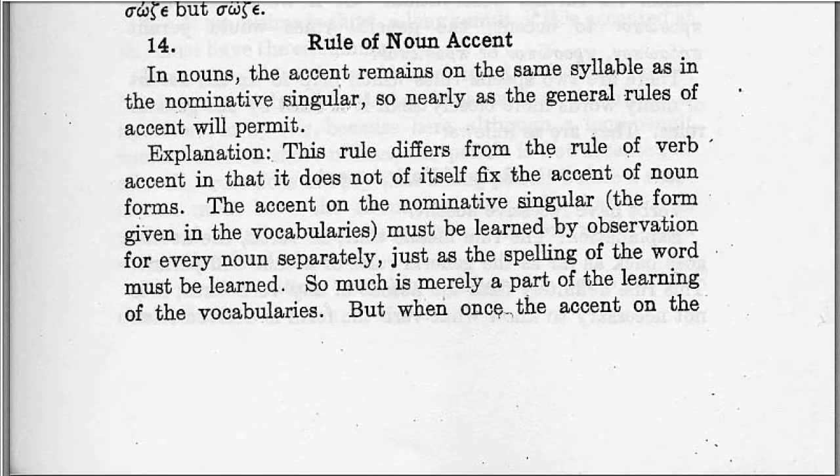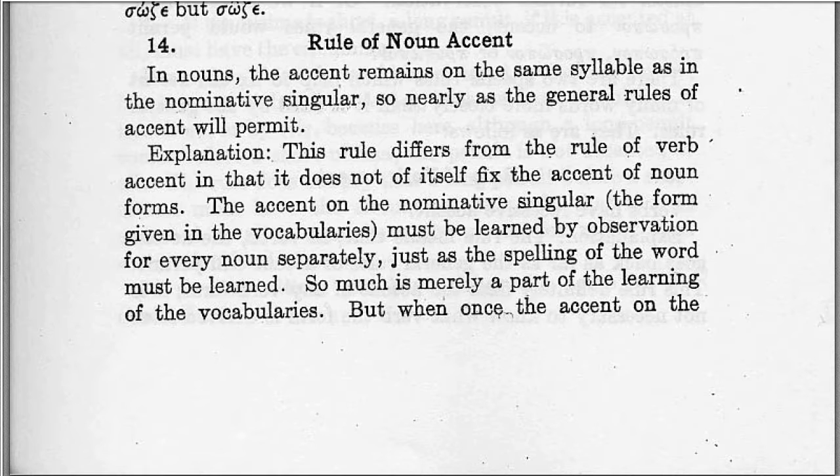Now, explanation. This rule, the rule of noun accent, differs from the rule of verb accent in that it does not of itself fix the accent of the noun forms. The accent on the nominative singular, and this is the form that we'll be giving you in your vocabulary lists, must be learned by observation for every noun separately, just as the spelling of the word must be learned.